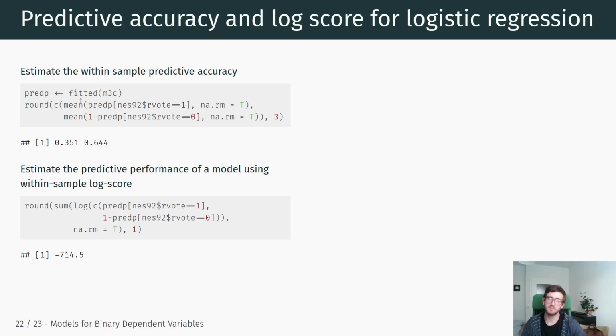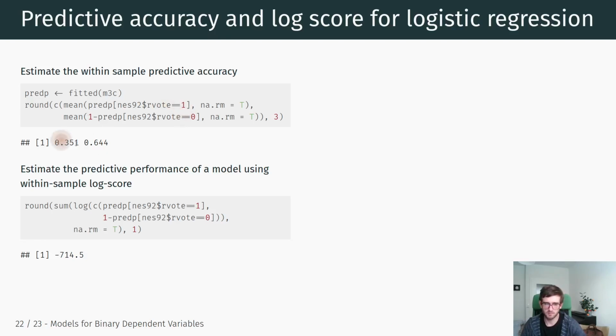The basic, naive first cut could be to just average the predicted probabilities of observing a 0 and observing a 1 across all observations that actually were a 1 or actually were a 0.